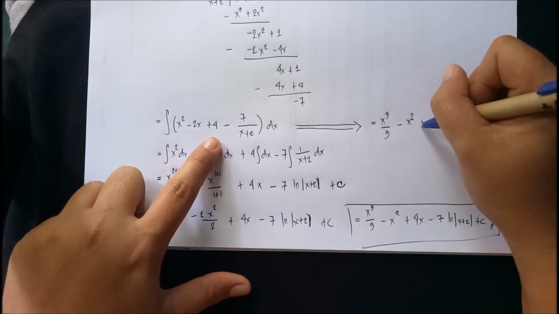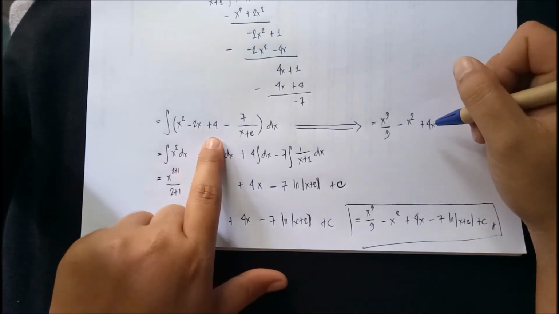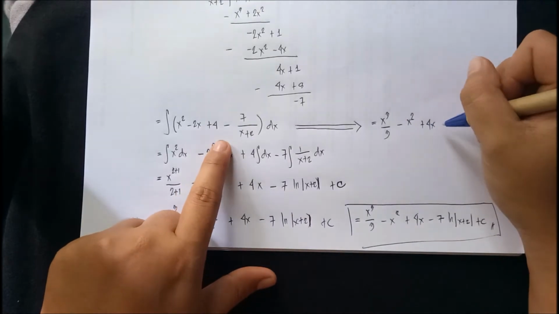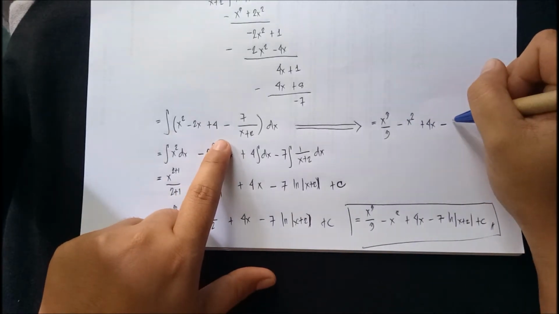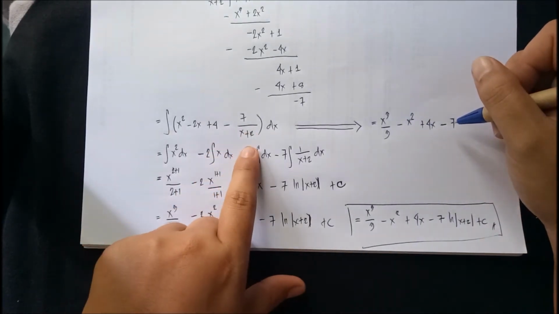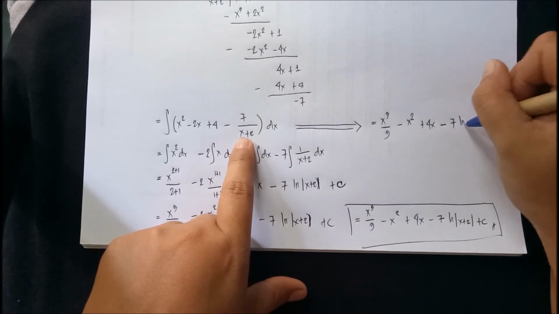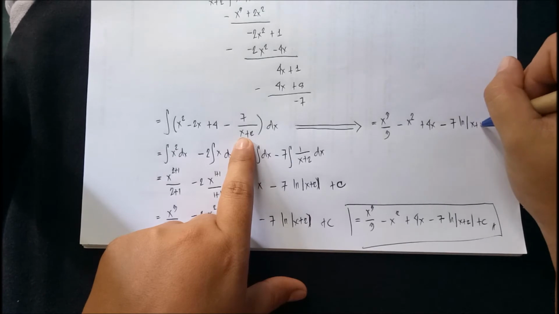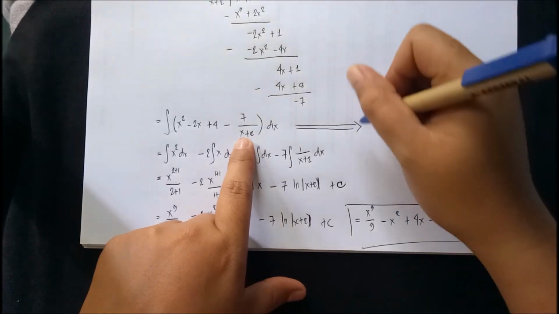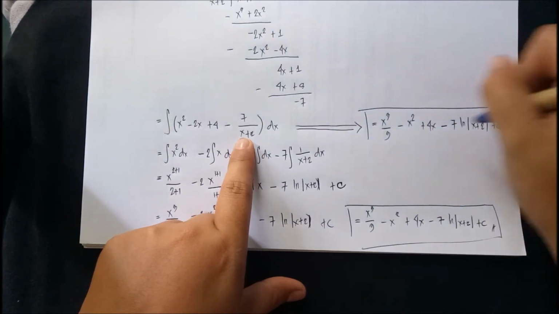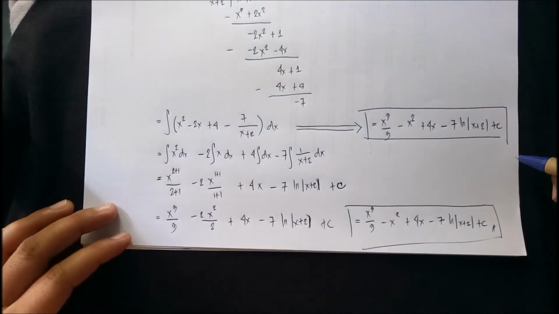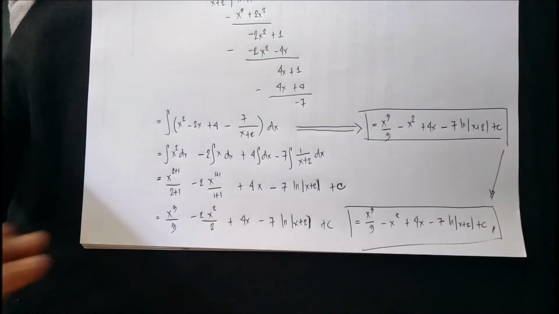This one naman is plus 4x. Kasi integral ng d is 6x. This one is negative. Nilabas mo yung 7. And you know that this is your u. Yung du mo ay x. So, this is just ln x plus 2 plus c.